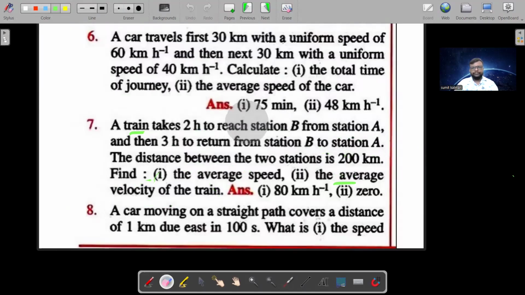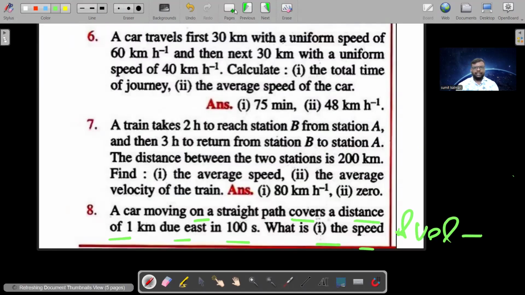See, a car is moving on a straight path and covers a distance of 1 kilometer due east in 100 seconds. You have to calculate speed and velocity. So students, we will proceed for the solution.